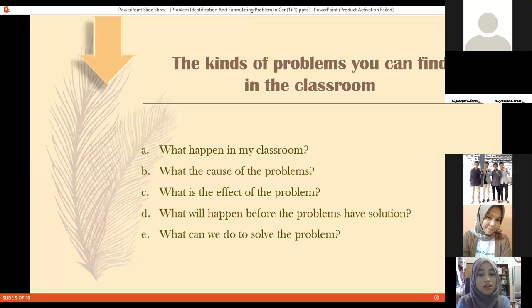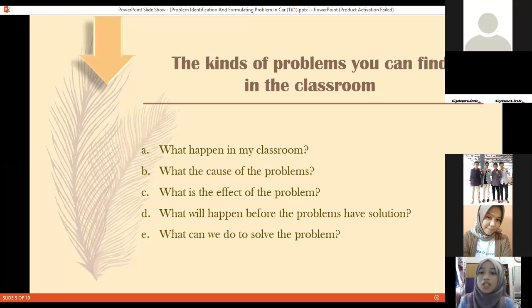And the second, what is the cause of the problem? It means here we also have to know the causes and the reasons why the problem happens. And the third, what is the effect of the problem?